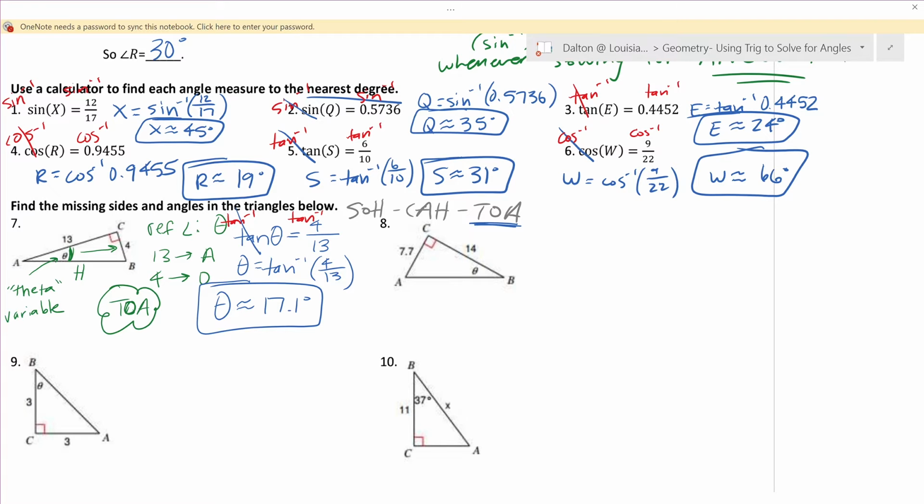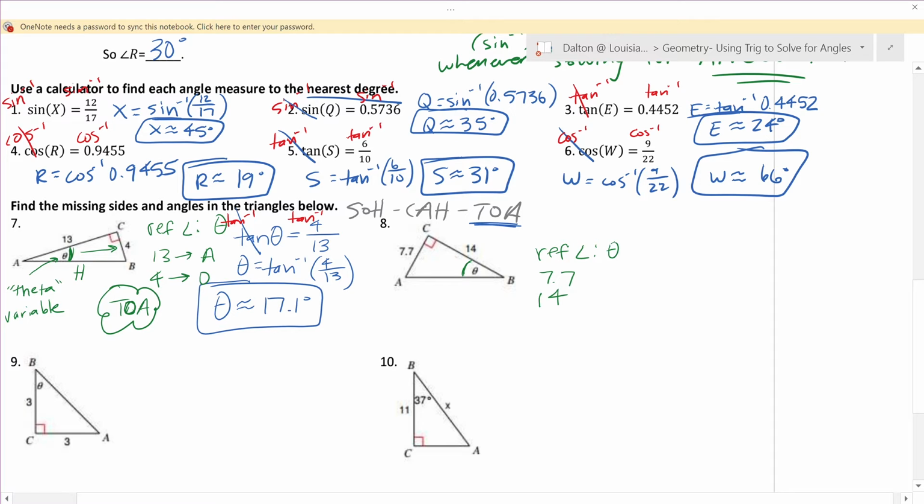Okay, number 8, same routine, right? Let's list out our information. So I'm going to choose a reference angle. Again, my missing angle needs to be my point of reference because I'm not given anything else. So then from there, I have 7.7 and I have 14.